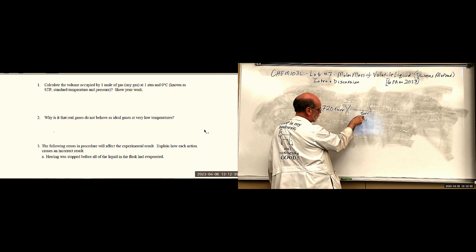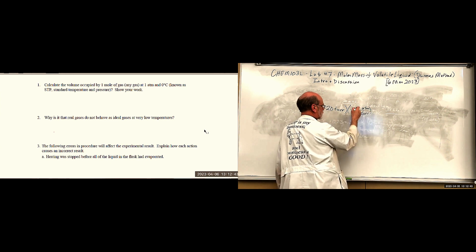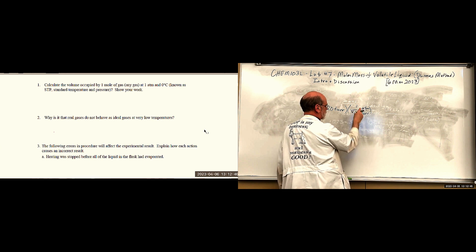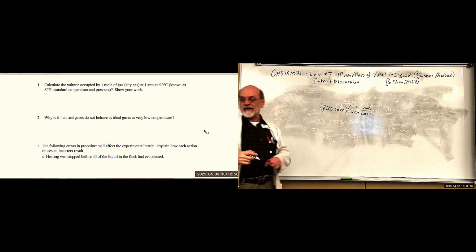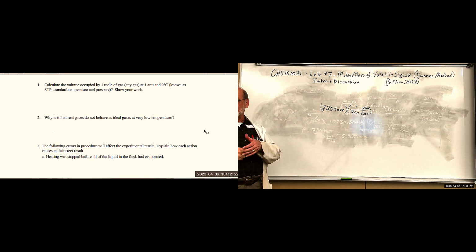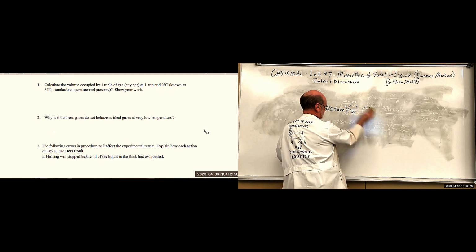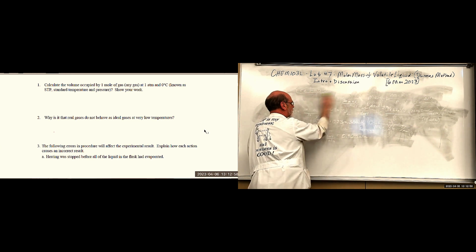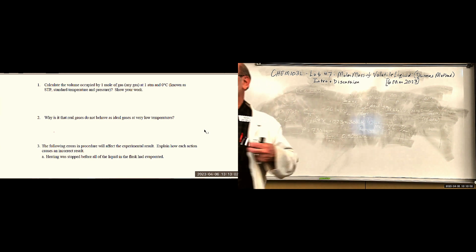We need to cancel torr and leave us with atmospheres. So what's the ratio here? 760 to 1. That's why 760 divided into 720 gives you that value. I just took a shortcut. I wasn't springing anything new on you.